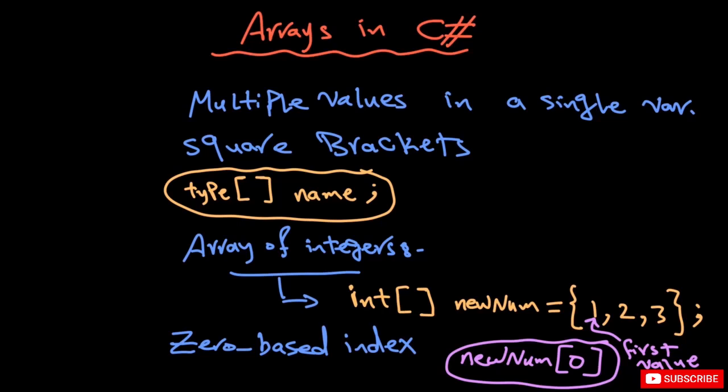If you want to access the second item, you can use 1. If you want to access the third item, you can use 2 and so on. Arrays are zero-based index, so the first item in an array has the index 0.